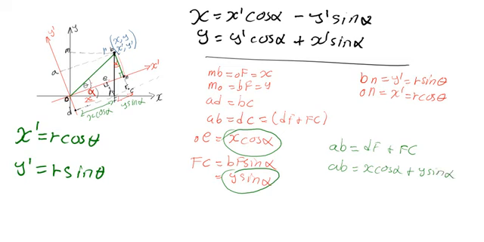So now, what is our AB in this case? We have found out that our AB is just equal to R cos theta. And what is our R cos theta? Our R cos theta is x prime, like that.